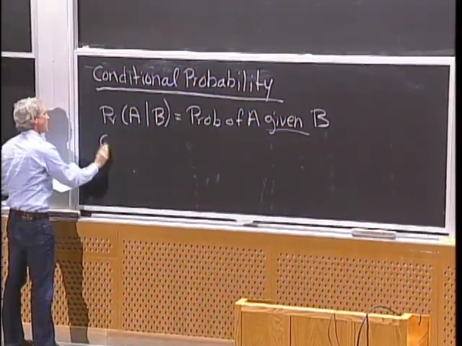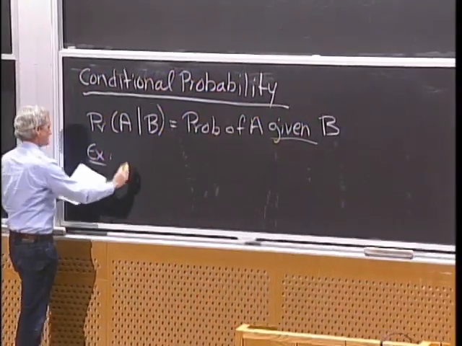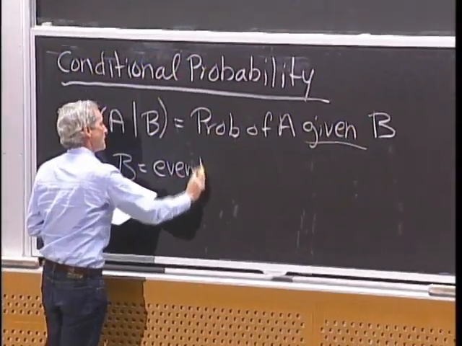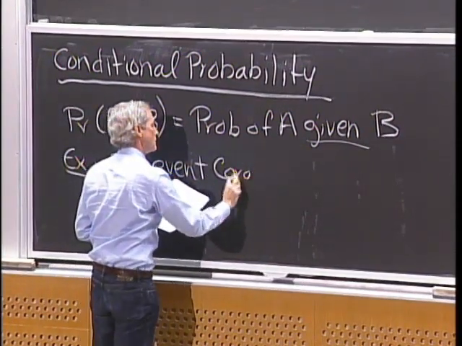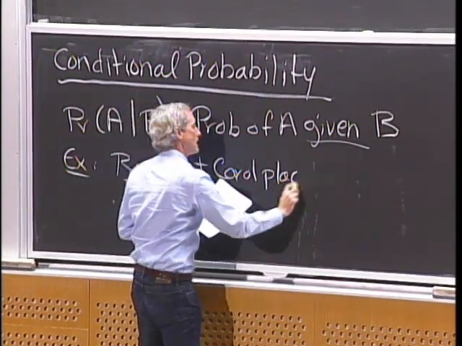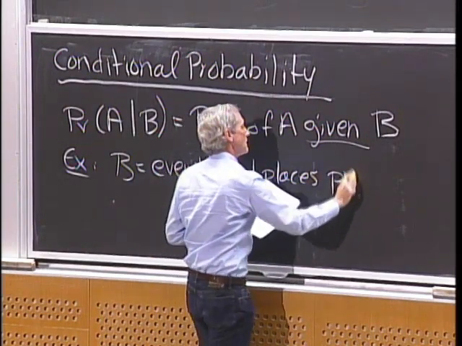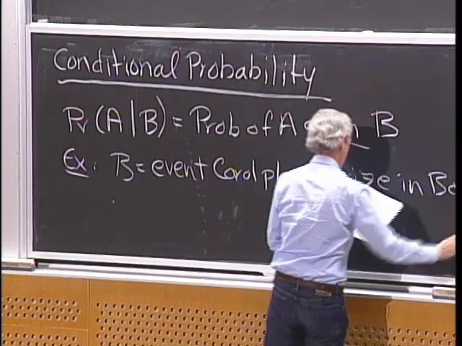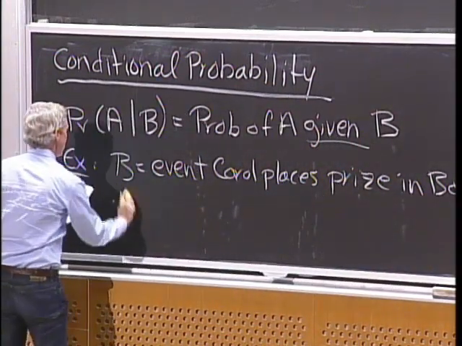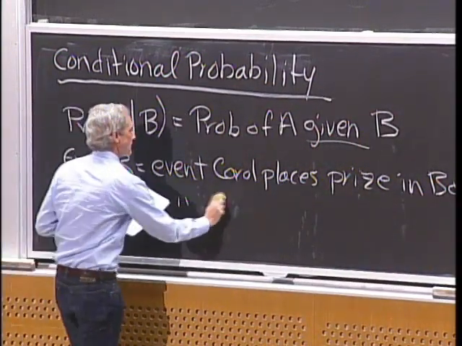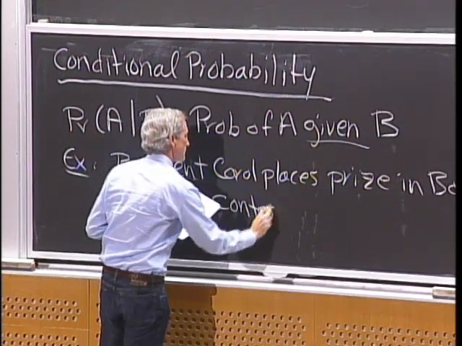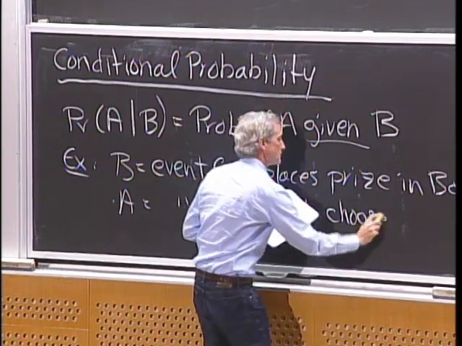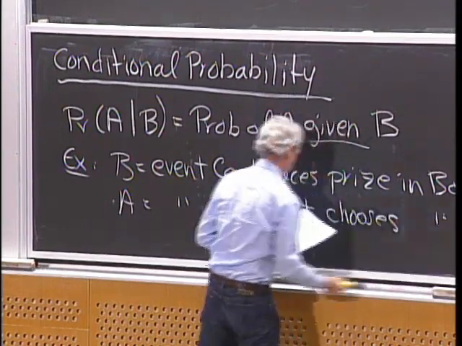In the Monty Hall example, B might be the event that Carol places the prize in box 1, and A might be the event that the contestant chooses box 1.